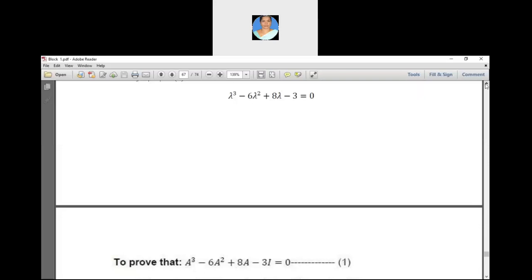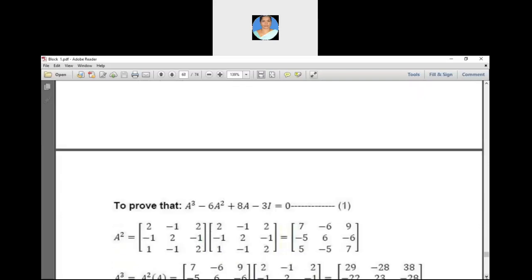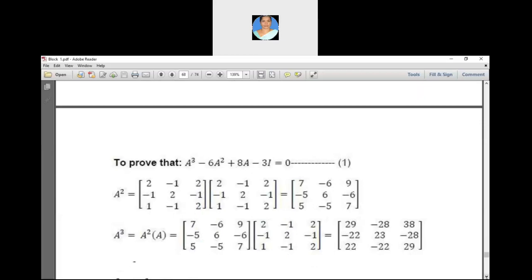First we find A cube, and before that we find A square. A square is A into A. We get the matrix [7, -6, 9; -5, 6, -6; 5, -5, 7].